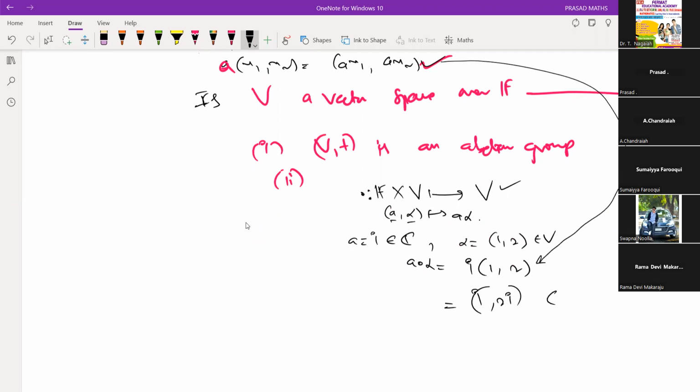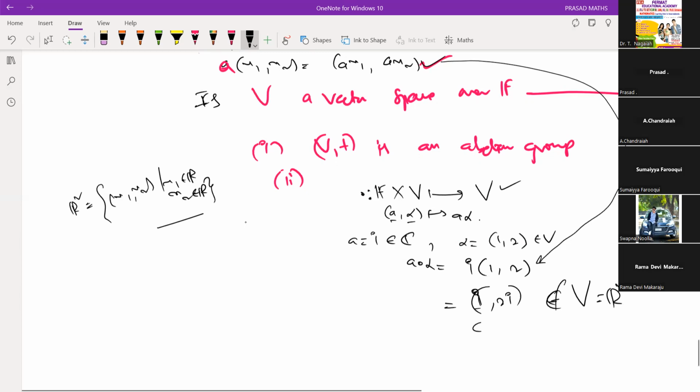Is it an element of V? What is V? R2, the set of all ordered pairs where each element should be a real number. Since i is not a real number, it does not belong to V. Therefore, it's not a vector space.